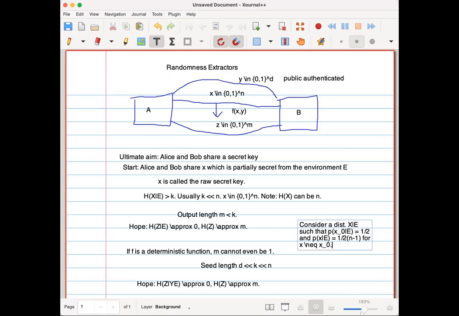The reason is as follows. Suppose F of X, Y, which I'm calling Z, is supported on n bits, let's say 3 bits or more.